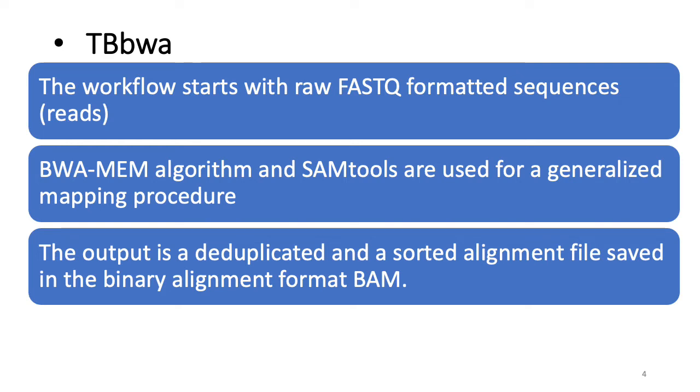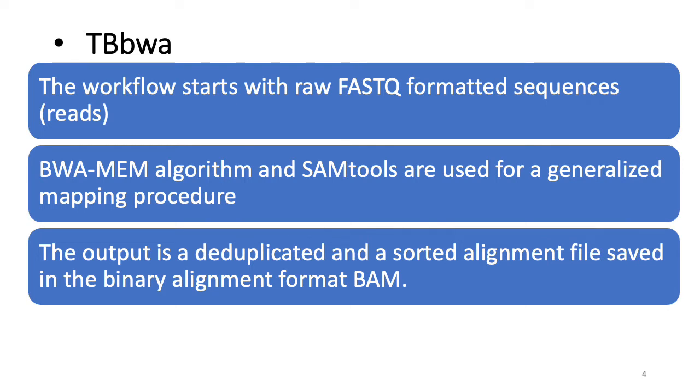So the workflow starts with the raw FASTQ format sequences, or the reads that you obtained from the sequencing machine. Within the mapping step, the BWA algorithm and SAMtools are used for a generalized mapping procedure. So the step is called TBbwa.